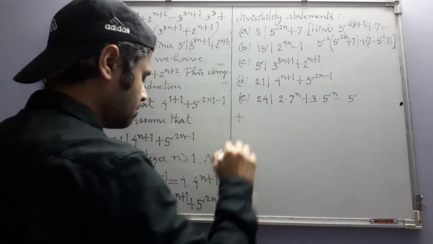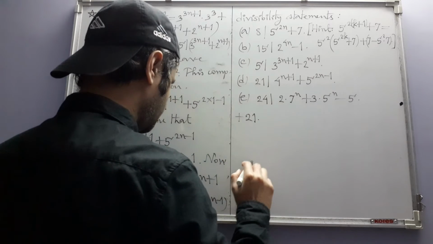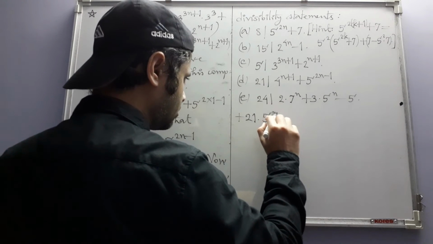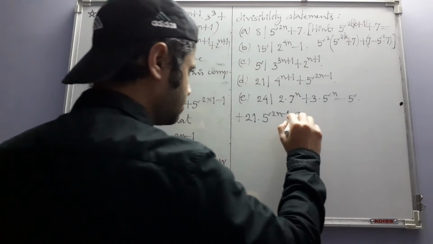So we are left with plus 21 times 5 to the power 2n minus 1.